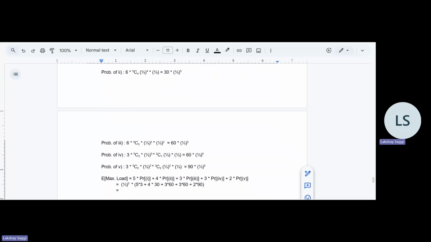Let's just see what this comes out to be. 5 times 3 is just 15. 15 plus 4 times 30 is 120, and 3 times 60 is 180, 3 times 60 is 180 again, and 2 times 90 is also 180. So we have 180 plus 180 plus 180 is just 540, and this will be 540, 640, 660.